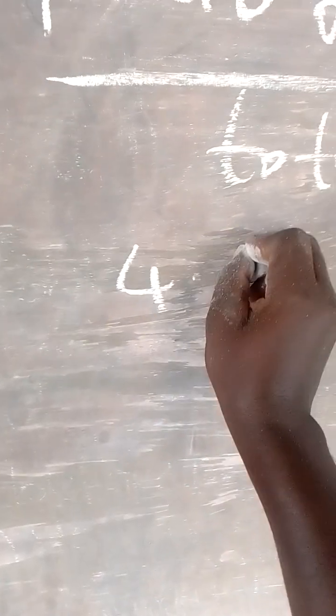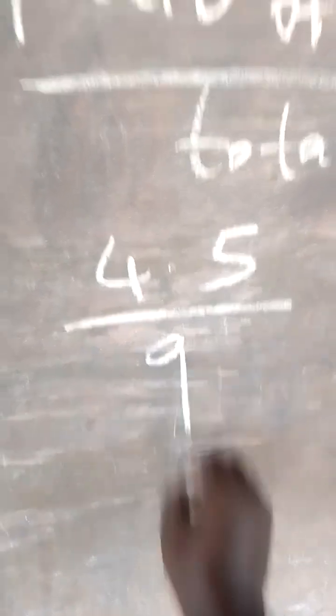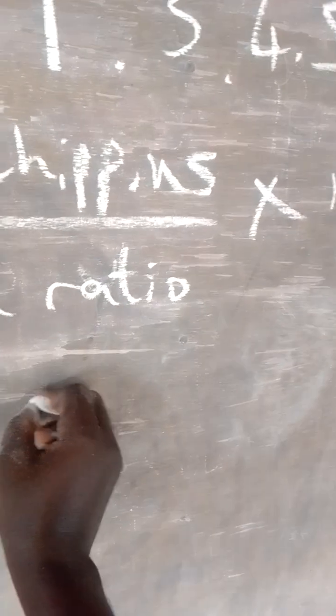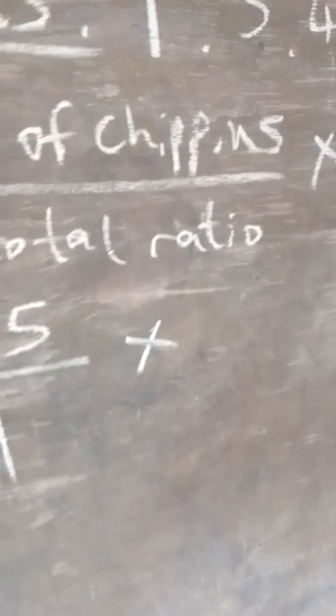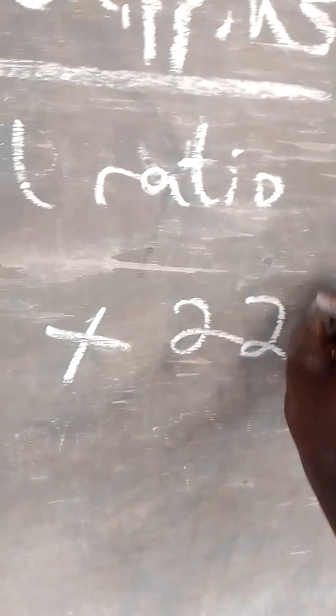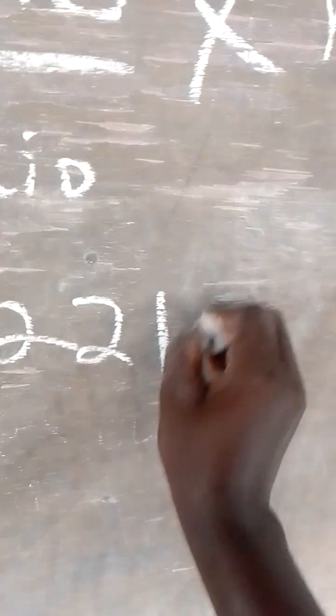The ratio of chippings is 4.5 over 9, which is the total ratio we got by adding these together, times the mass, which is 2,21067.